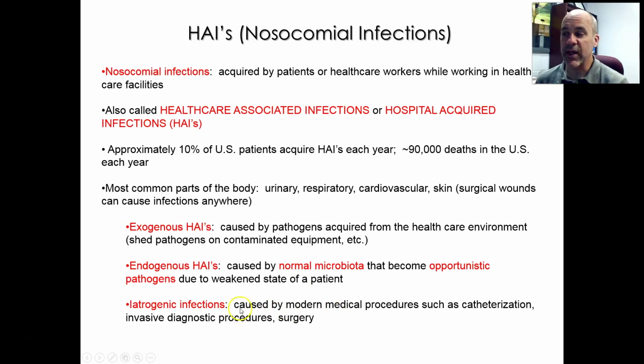So if you have surgery and a patient's skin bacteria are transferred into the bloodstream or some other deeper part of the body, that would be an example of an iatrogenic infection that's endogenous. If during surgery there are bacteria from the environment on a surgical instrument and they get transferred into the body and cause an infection, that would be an exogenous form of an iatrogenic infection.